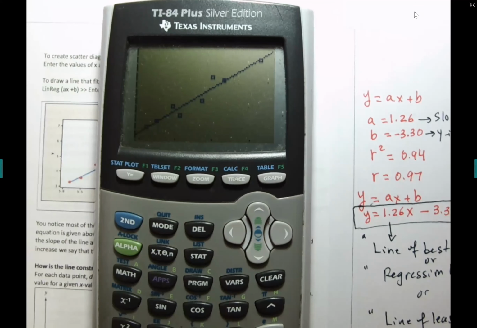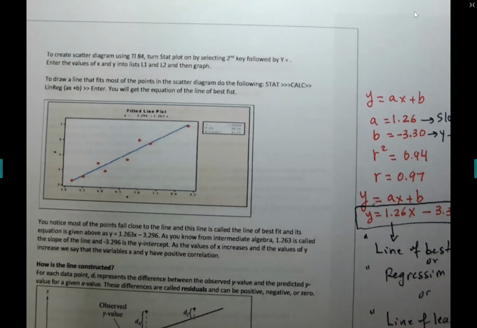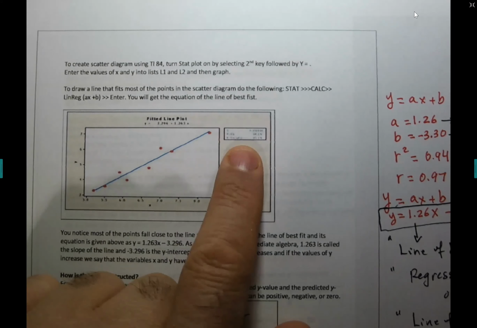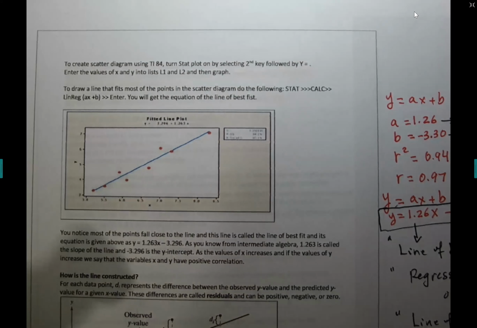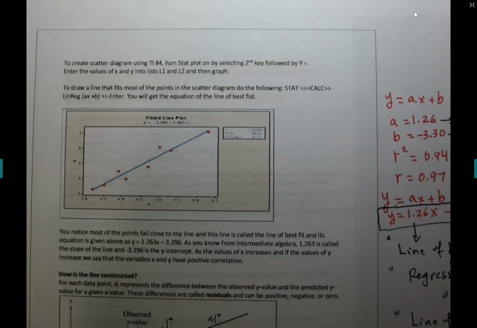Now we're gonna explain the meaning of R 0.97. What does it mean here? So you can see, guys, this is the equation right here. I use a different software to generate the equation of the line.